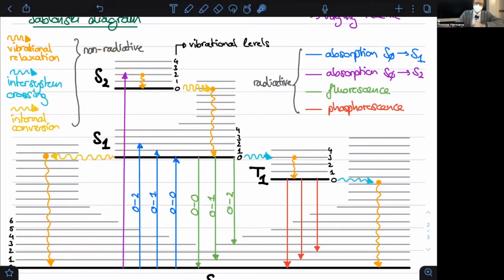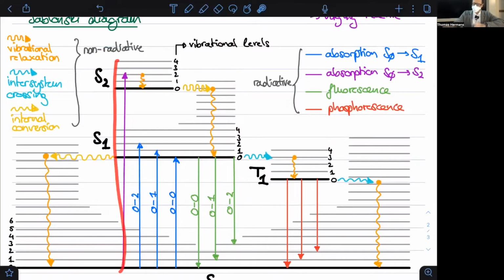And as we saw last class, when you have absorption, you can have absorption from the ground state to different levels, right? You can go from ground state to ground state. You can go from ground state to this first vibronic level, or the second, or the third, or the fourth, etc. Or you can go to a higher excited state, and then the molecule will relax. We'll get back to that.